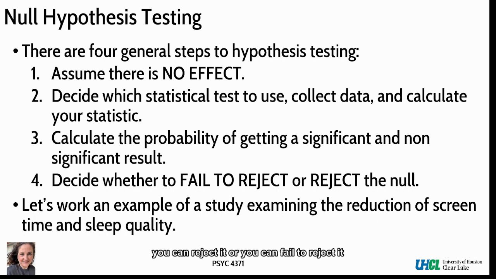You can reject it or you can fail to reject it. Rejecting it means that your alternative has been shown to be more adequate, and failing to reject it means there was no difference and you're going to keep it.